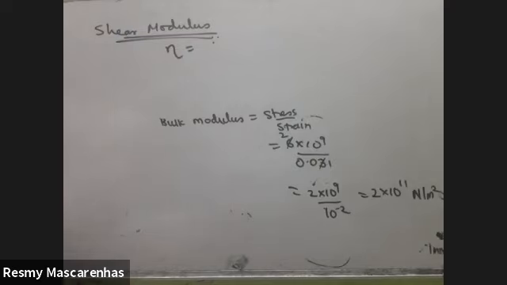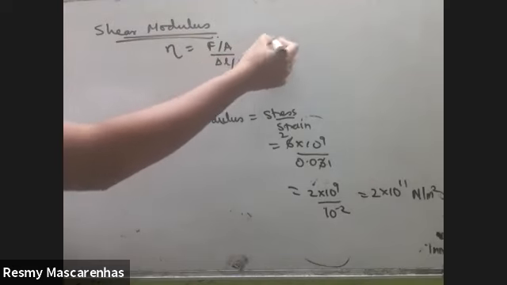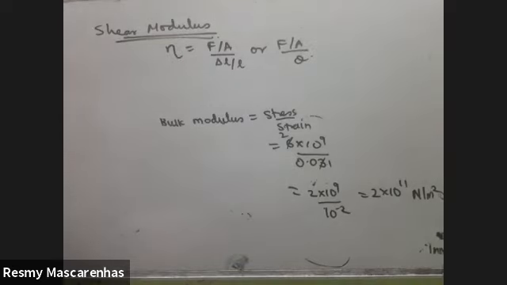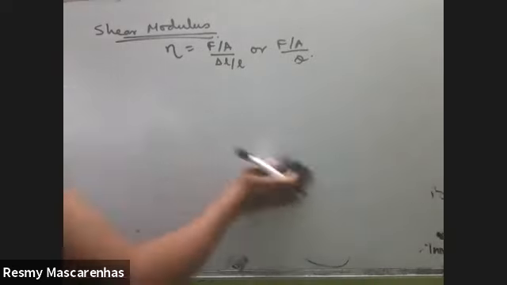Okay, shear modulus will be again the same thing, stress upon strain. So force upon area upon delta L upon L, or theta. If length is given, you have to use this. If theta is given, you have to use this.